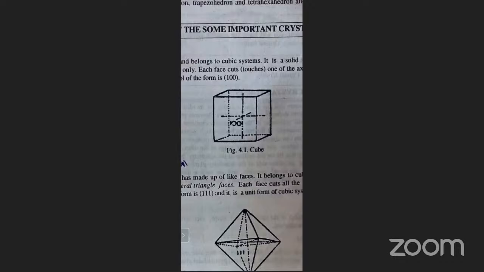If you see here, the cube has 6 faces. Otherwise it is called a hexahedron, and it occurs alone in crystals. Faces are square shaped. The Miller symbol of this form is 100.